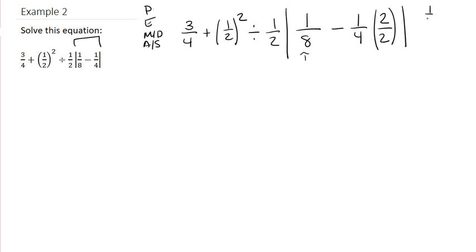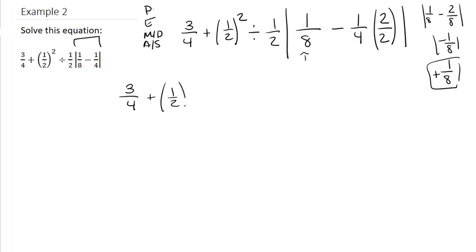We have 1/8 minus 2/8, which gets us to negative 1/8, and it's an absolute sign, so we get positive 1/8 from the absolute sign. So let's rewrite this completely. We have 3/4 plus 1/2 raised to the second power divided by 1/2, and now we just have 1/8. So we're going to write that in parentheses.